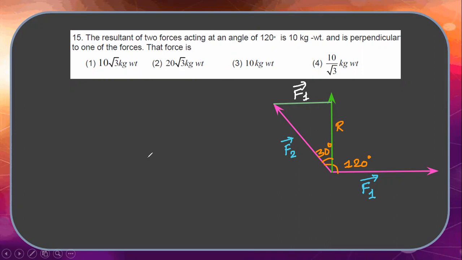Now we have to take this. The resultant R is given as 10 kg weight. Then the angle with the perpendicular, theta, is given. Theta is 30 degrees.